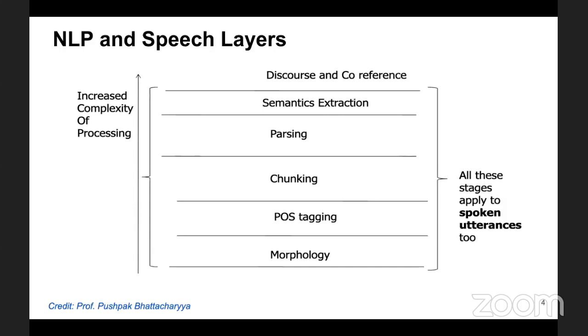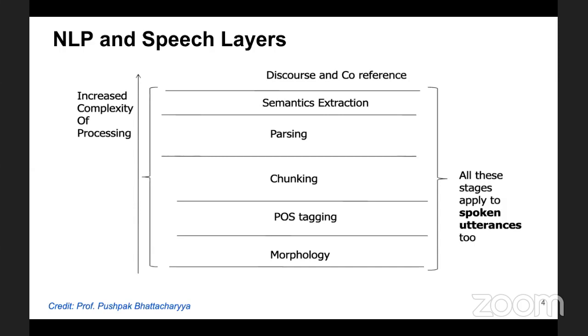Of course, some of you who are already aware of how the problem of NLP is being tackled in today's day and age might feel that statistical methods are doing far better than what classical methods used to do, and we don't really need to look at the morphology, or we don't really need to POS tag everything so that we can get to the semantics of the sentence. Or if you want to tackle a problem like sentiment analysis, then you probably don't need to do all this. But the way this image has been put, the way these layers have been built, there is a reason for that.